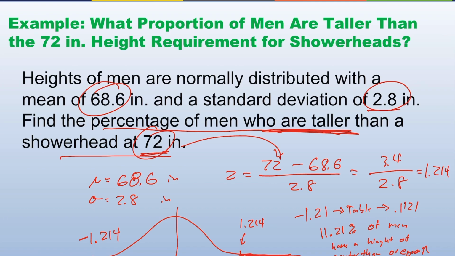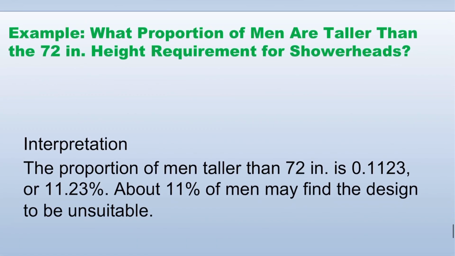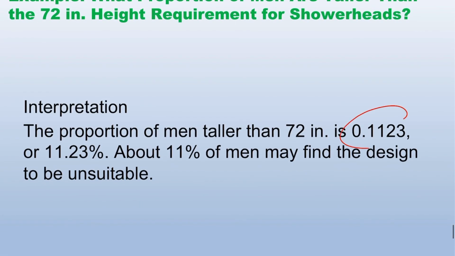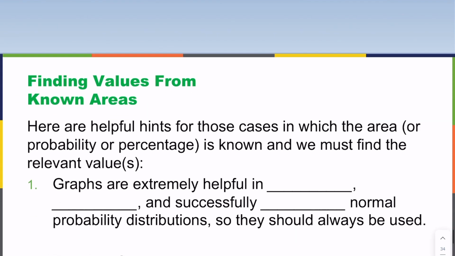All right, so they're going to have to bend down a little bit in the shower. So there you go. Okay. Great. So there's that one. Oh, and here's the interpretation. As you can see, we found the exact same thing. About 11% may find the design to be unsuitable. Okay.